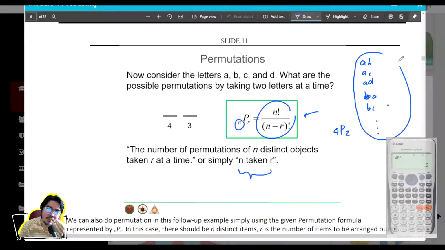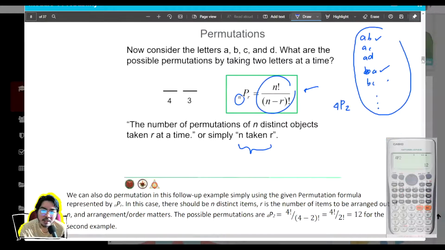Meron akong nilista na AB, and this is actually, in some sense, same lang din siya sa BA. Kumbaga magkaiba lang yung order nila. So there are cases wherein in the real world hindi nagmamatter itong order niya.